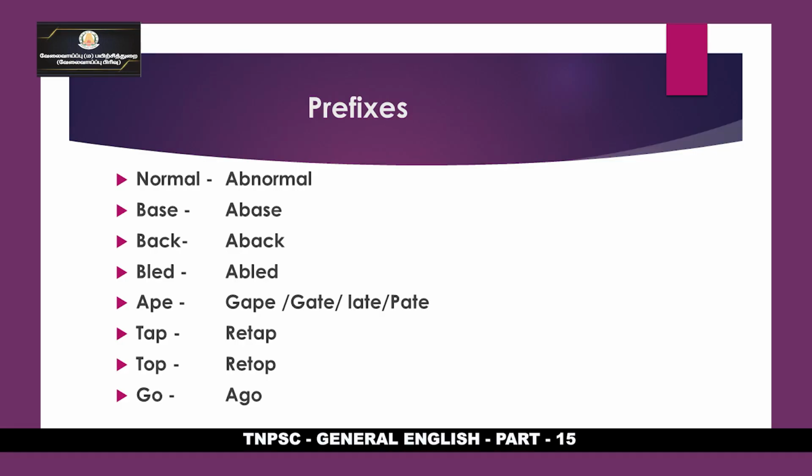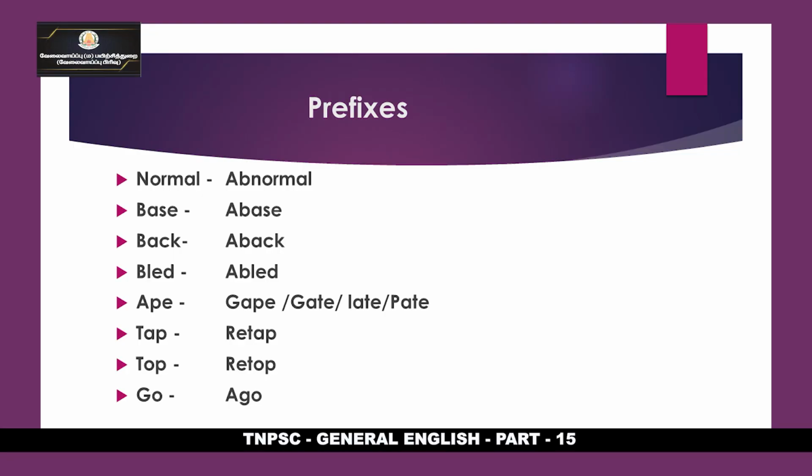A few other examples for prefixes. Normal, you add AB, it becomes abnormal. Base, so base is the foundation, and when it becomes abase, you mean something that is very derogatory. Something that has lost its respect is called as abase.